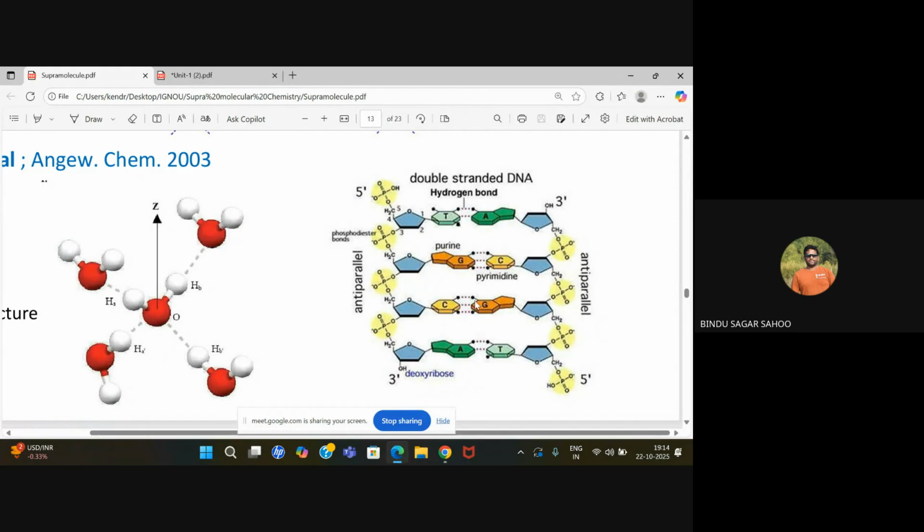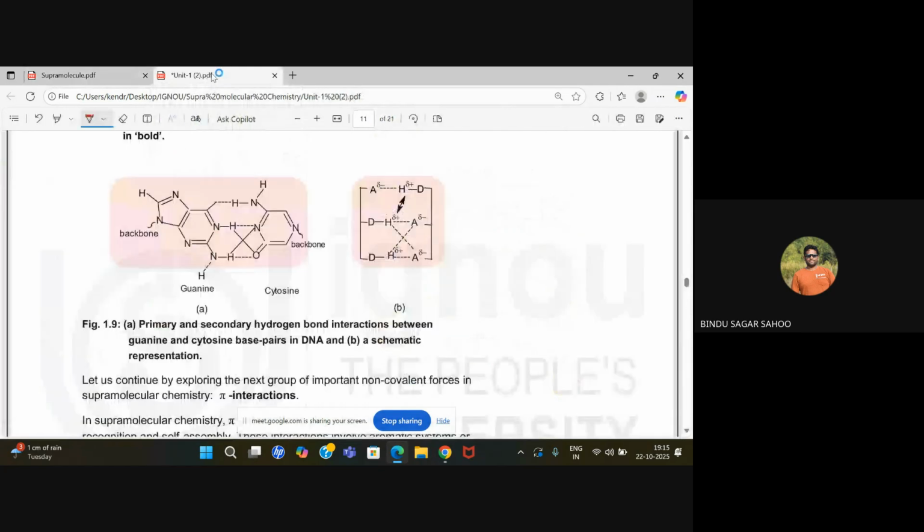So GC, guanine and cytosine, form three hydrogen bonds, and adenine and thymine form two hydrogen bonds. These hydrogen bonds involve both primary as well as secondary interactions. So these primary and secondary interactions can exist in normal compounds and also in biological compounds.